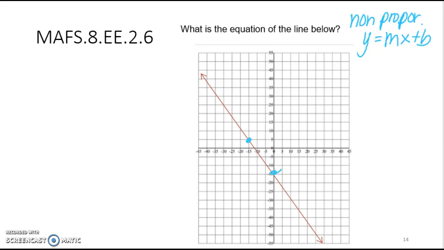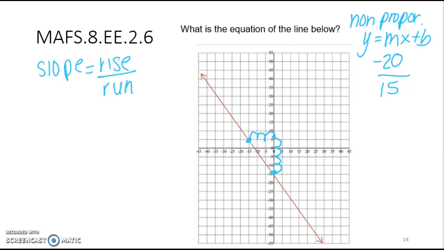So our rise would be 5, 10, 15, 20, and it's 20 in the negative direction, over our run, which is 5, 10, 15. So remember, slope is equal to rise over run. And in this case, that slope is negative because the line is descending.